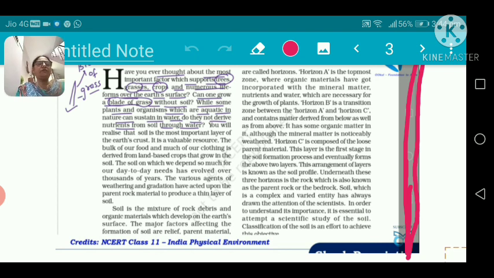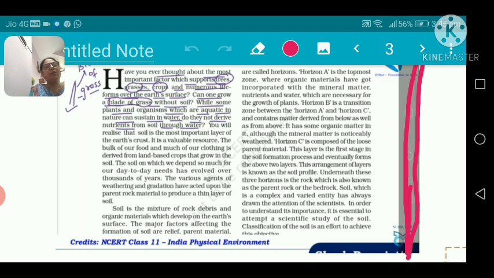The soil on which we depend so much for day to day needs has evolved through weathering and gradation. Two very important words: weathering and gradation, which act upon the parent rock material to produce a thin layer of soil.